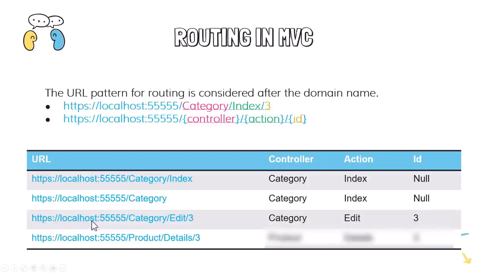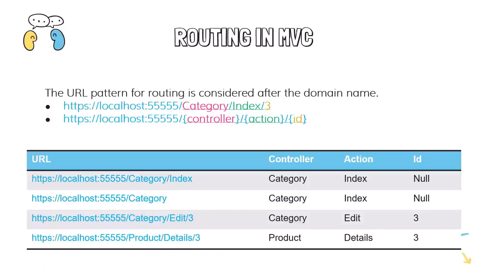In the third example here, we have controller name as category, action name as edit, and then we have some ID with the value of 3. And the final example here, we have a controller with the name of product, an action with the name of details, and ID with a value of 3.